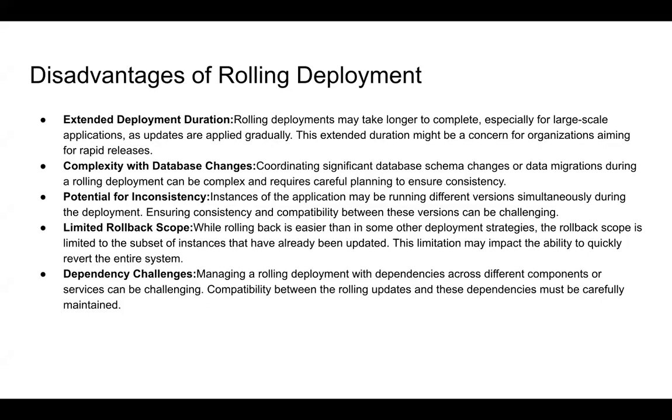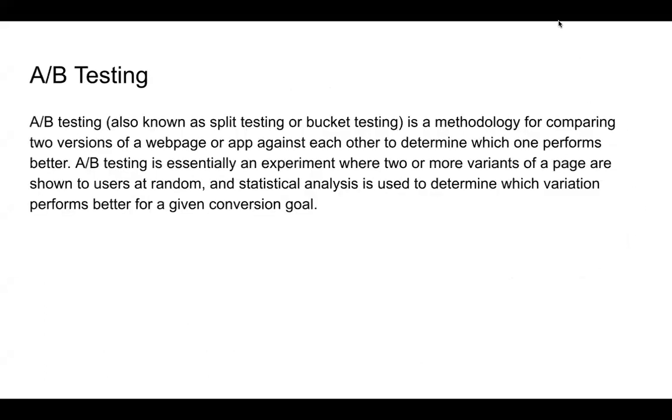All right. So if you guys don't have any more questions for rolling deployment, we can move forward to A/B testing. So A/B testing, also known as split testing or bucket testing, is a methodology for comparing two versions of a web page or app against each other to determine which one performs better.